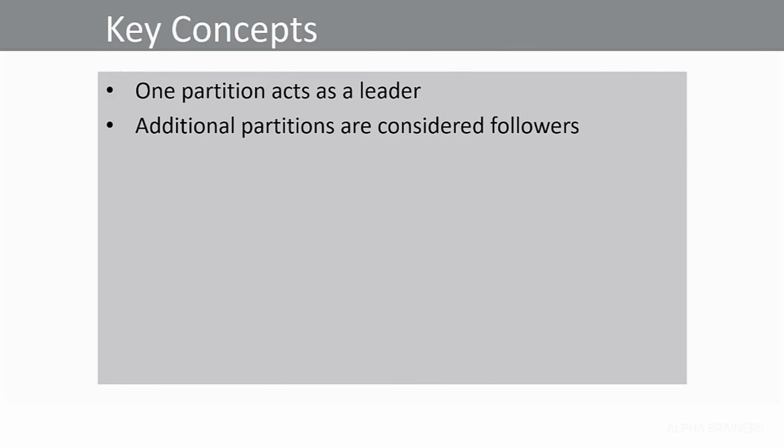So some key concepts to be aware of. I just mentioned that term leader. One partition acts as the leader. That's the one that stores the information. And all the other partitions are considered to be followers. The replication factor is the total number of replicas plus the leader. So in the previous slide that I showed you, we had 2 replicas and the leader, so the replication factor was a value of 3.